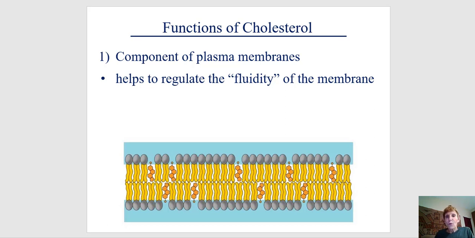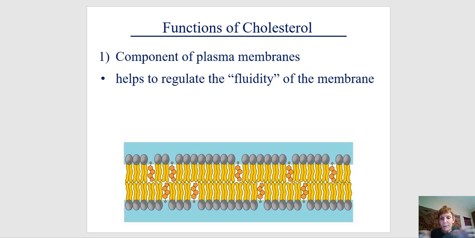Okay? You don't want that fluidity to be too slow, which might happen if the cells get too cold. So if your temperature goes down too much, like if you experience hypothermia, you're outside and it's freezing and your body temperature starts going down, your cells start getting colder.